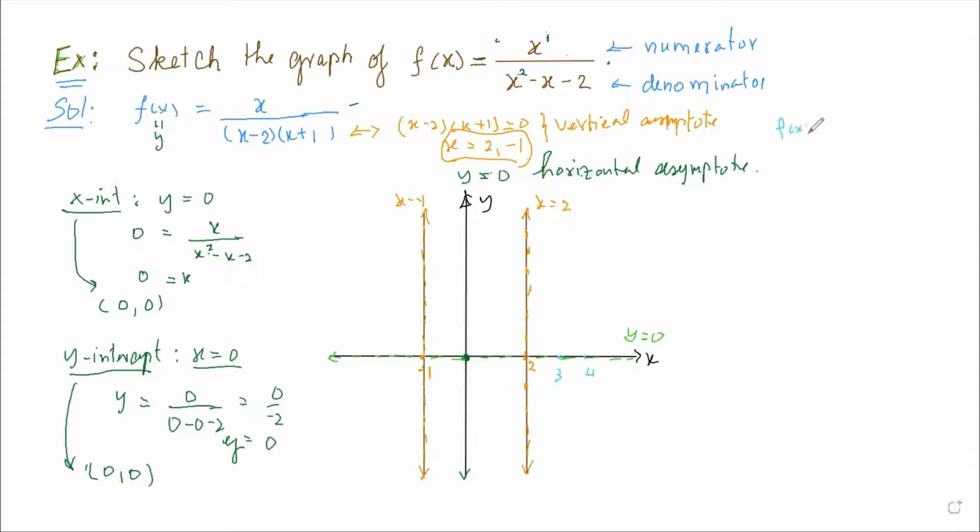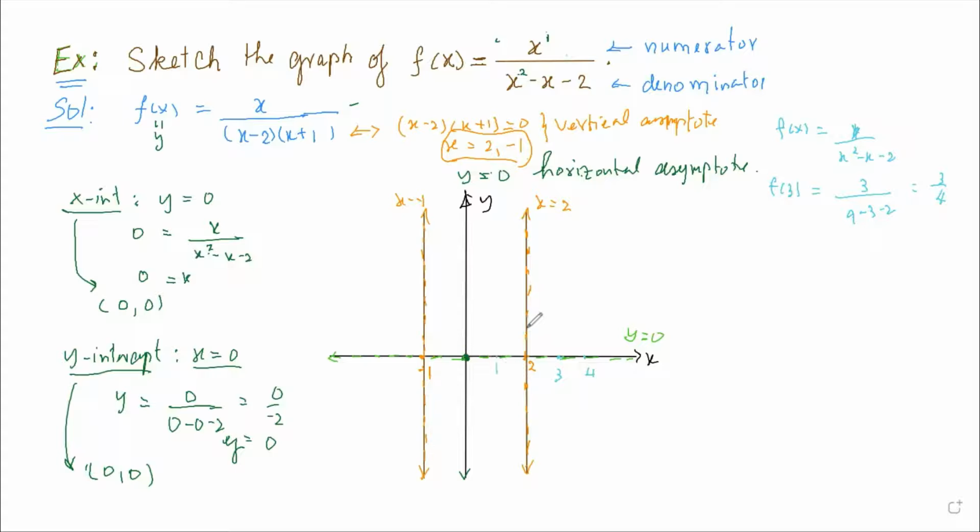So f of x equals x over x squared minus x minus 2, right? So if x equals 3, you replace it in there and it becomes 3 over 3 squared, 3 squared is 9, right? Minus 3 minus 2. So what do we have? 9 minus 5 is 4, so it becomes 3 over 4. So it comes out positive, and less than 1, correct?